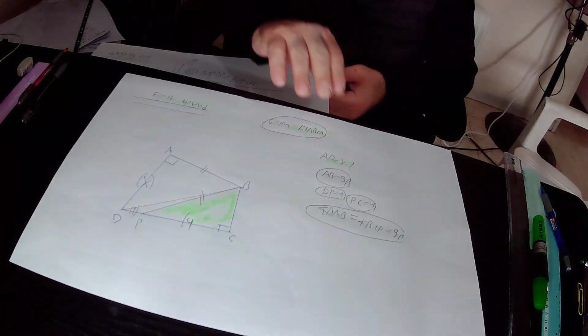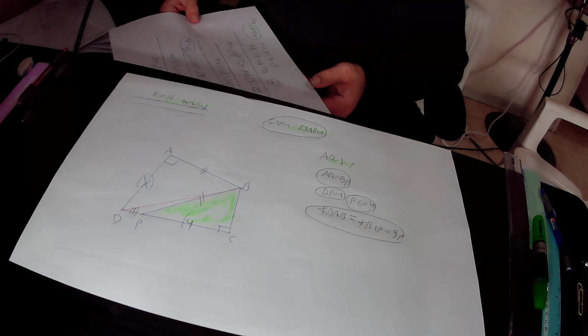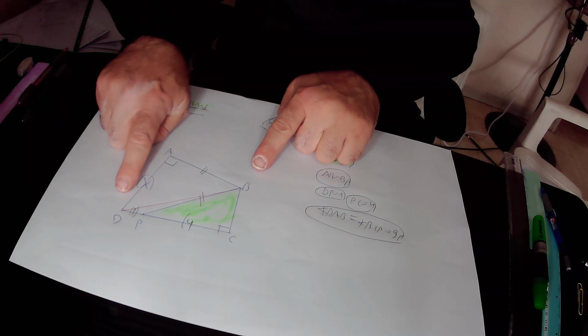We find the value of x by using two different methods. Let's start with the first method. In the first step, we join points B and D by a straight line.